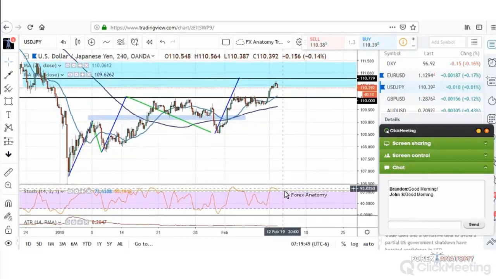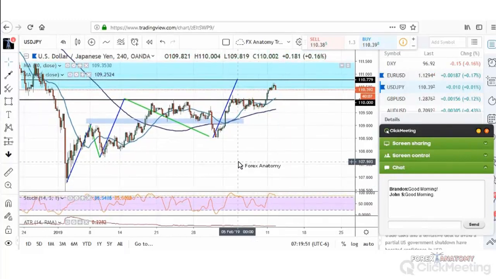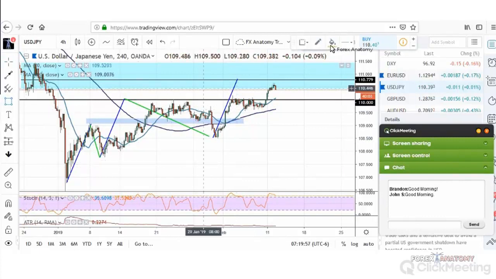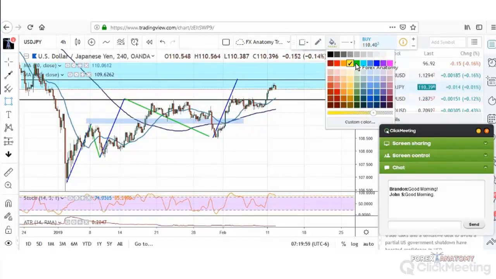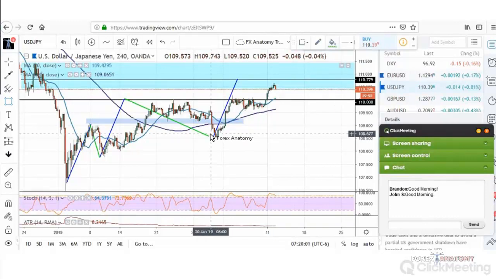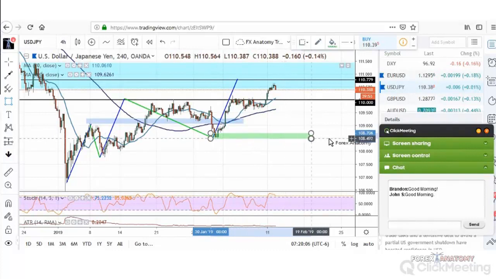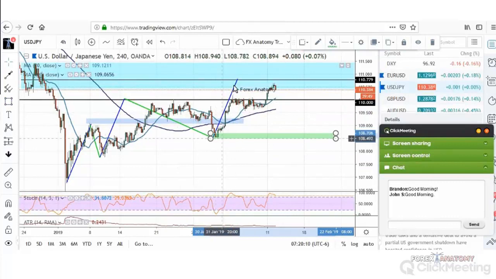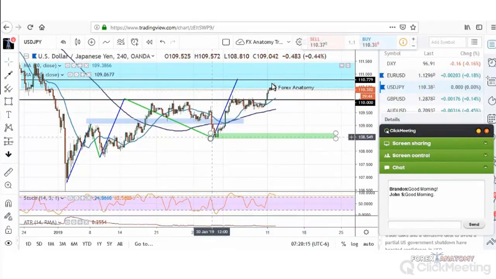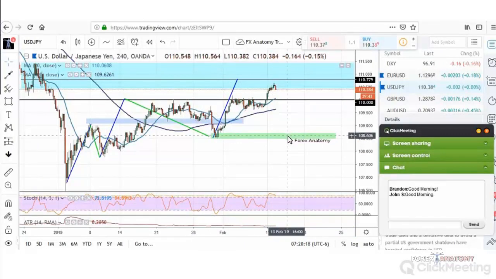If this 3-drive bullish pattern is really going to be respected, then typically what we'll see is price fall, or we could potentially see price fall all the way down to this area right here, where this swing low began of this impulse move right here. So then there's a possibility that we could see price slide all the way down to this zone, or this level around 108.50 to 108.60.